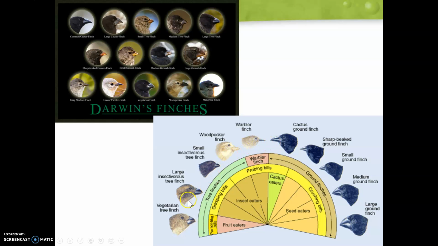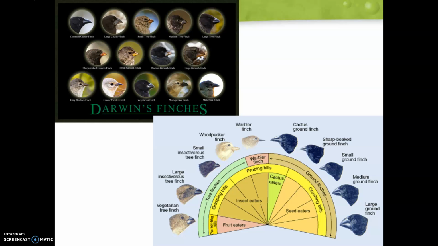So they all started as the same finch, but over time, with the limited food sources and depending on what they had available for resources, they adapted to their surroundings, creating different species of finches on those islands. So that's really where Darwin got his idea for evolution, that changing of those animals.